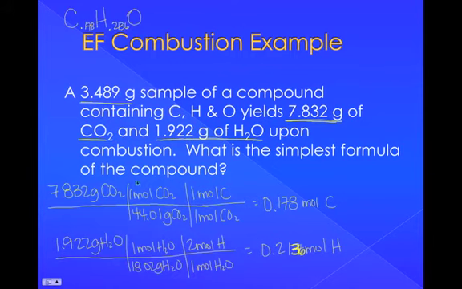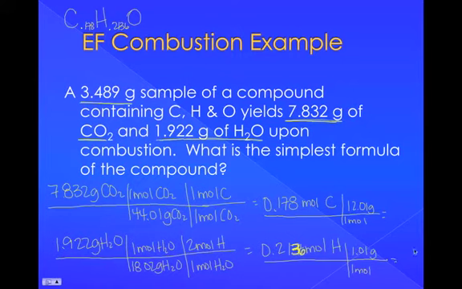So what we're going to do, we know that we had 3.489 grams of our original sample. Well, of that 3.489 grams, 0.178 moles of it is carbon and 0.2136 moles of it is hydrogen. So I'm going to convert these to mass of these individual elements. So for carbon, each mole is 12.01 grams, and for hydrogen each mole is 1.01 grams.